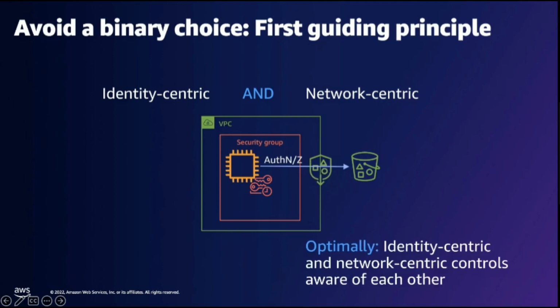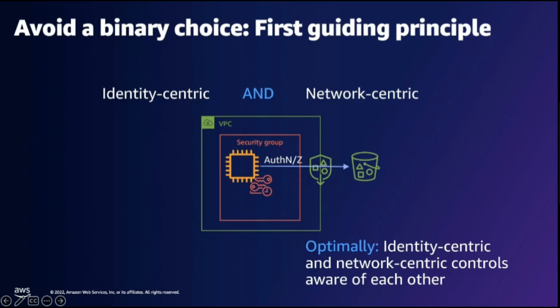So looking at this example that you see on the slide, we've got an EC2 instance that accesses objects on an S3 bucket. From an identity-centric control perspective, how that works is that the EC2 instance makes use of an IAM role. An IAM role is an AWS concept, and how it works is that the EC2 instance will use AWS credentials to assume that role, and through that role, it will be able to access content inside the S3 bucket.